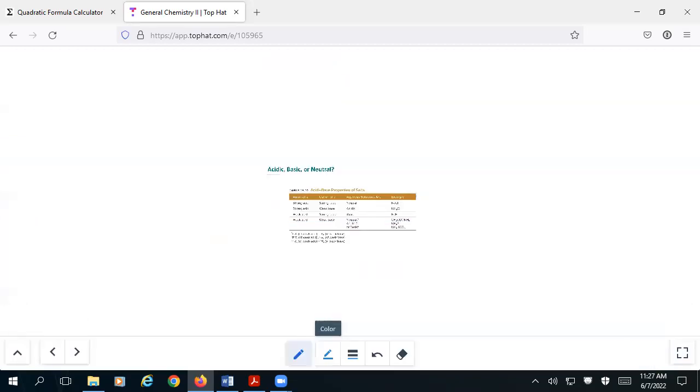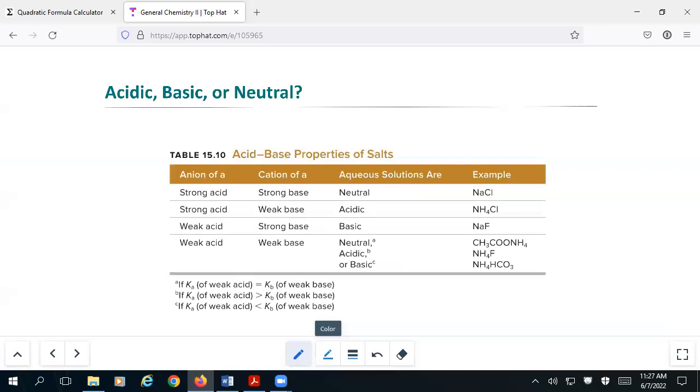And so your book summarizes this, table 15.10. And I think one of the nice things about table 15.10 is that conceptually, everything I just told you is accurate. If a salt is basic, it's because of the anion.